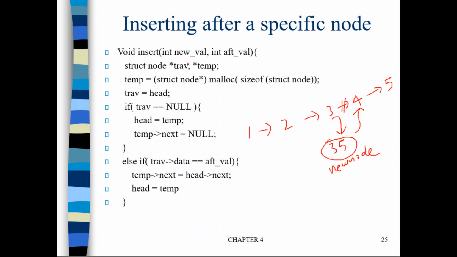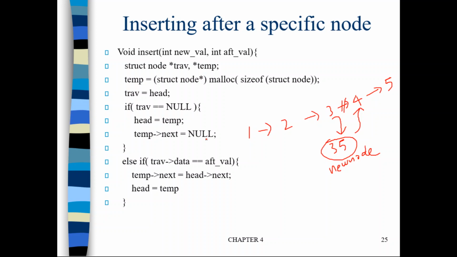In that case, how will we check that? You have to check whether head is equal to null. If head is null, then it means that the list is empty. Then you just have to make head point to the new node, and the new node's next will be null. So that is case 1, right?